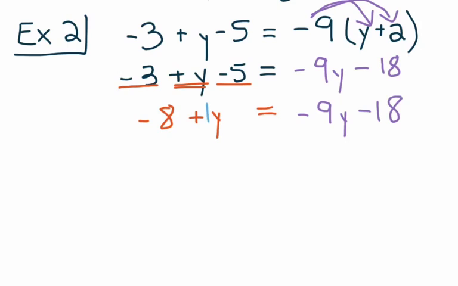So now I'm going to compare my variable term coefficients. I have a plus 1 here and a negative 9 here, or a minus 9. Positive 1 is greater than negative 9, so I'm going to move my 9y to the other side of the equal sign. Using inverse operations, meaning since it's a negative 9y, I'm going to add 9y to both sides.